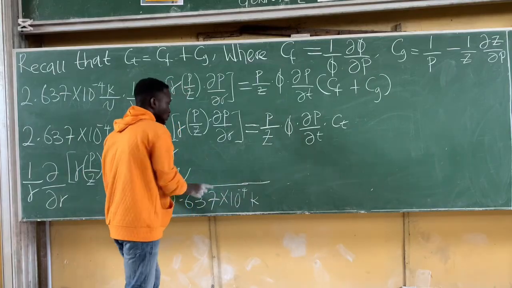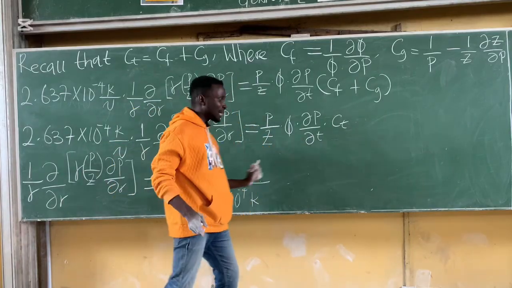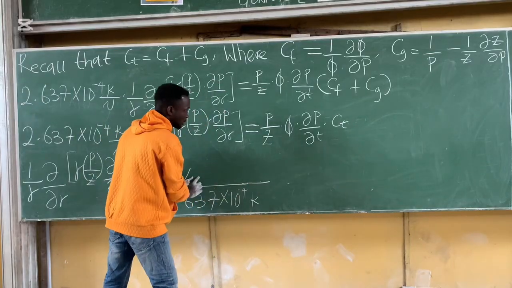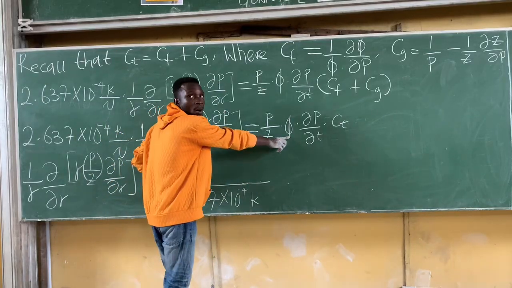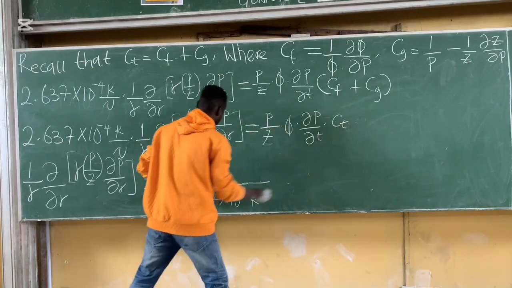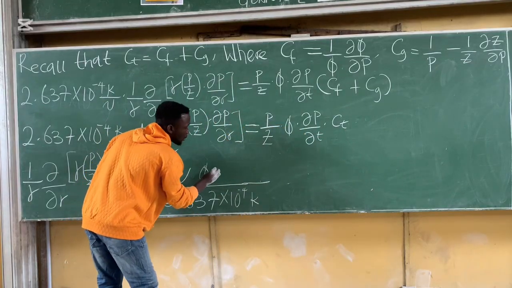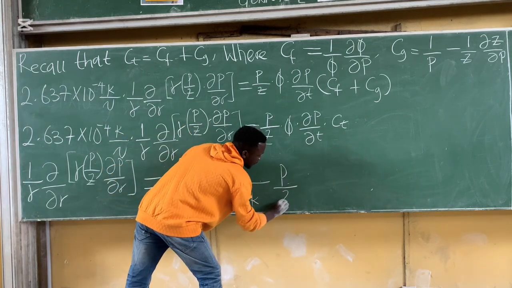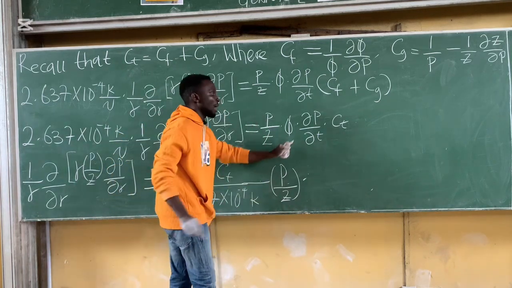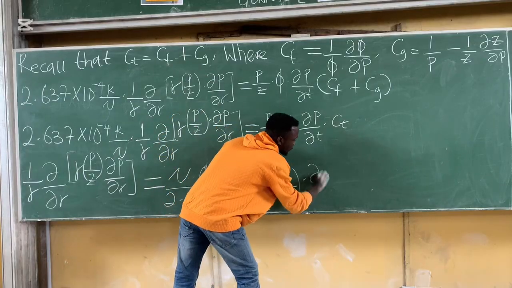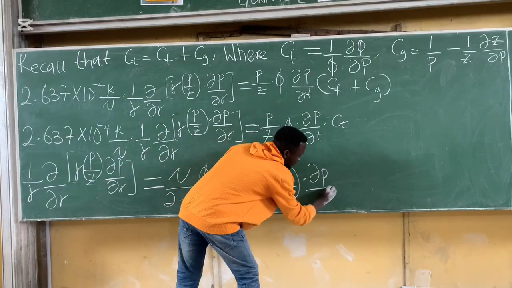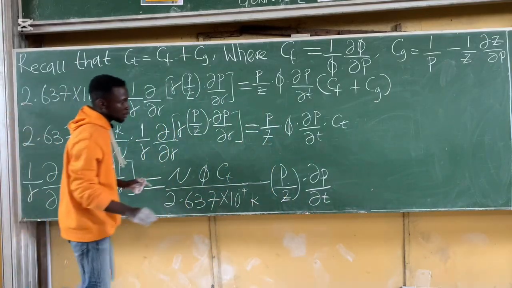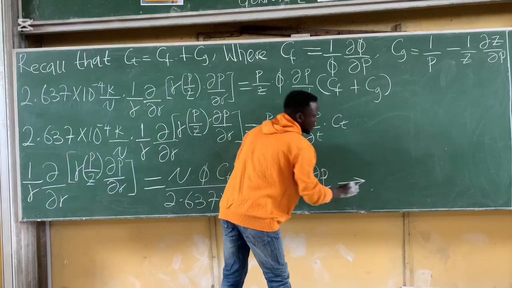So you can simply write this as mu times phi times Ct times p over z times dp/dt. You can simply say that this is the same thing as this.